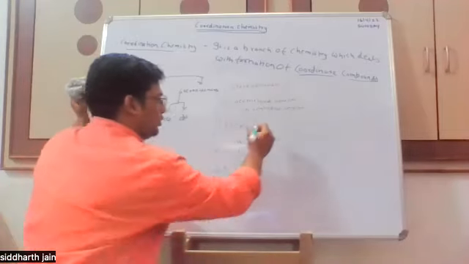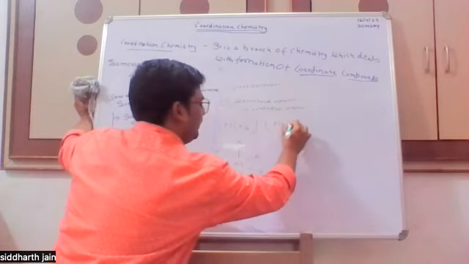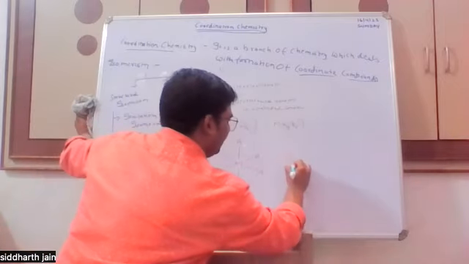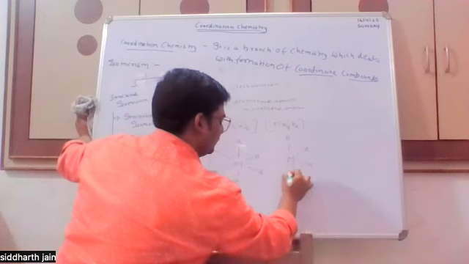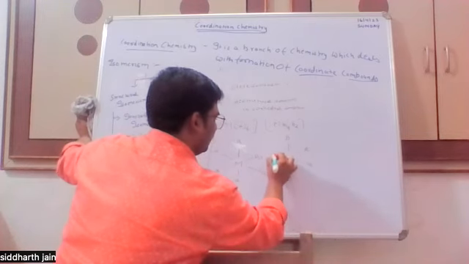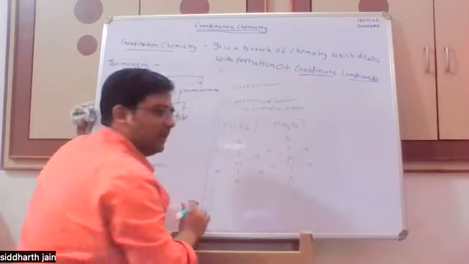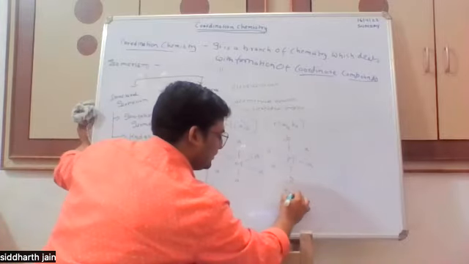But if I take different ligands like MA4B2, and draw a straight line, you can see that B and B are trans to each other. So this is one case which we call trans isomerism.